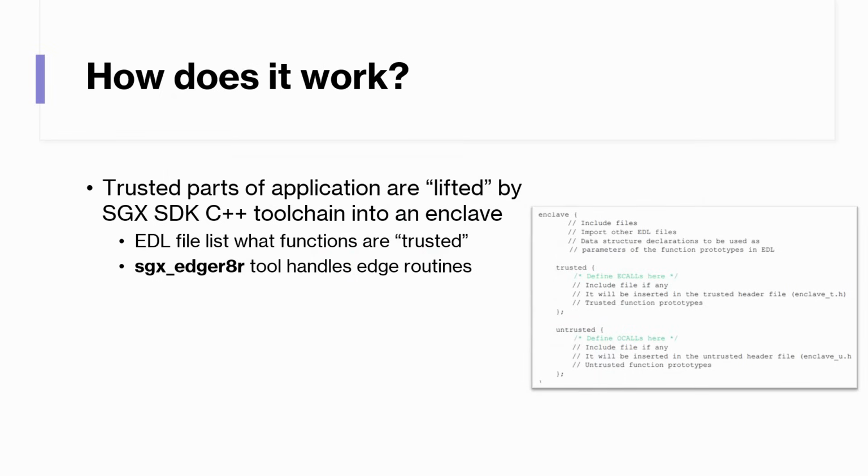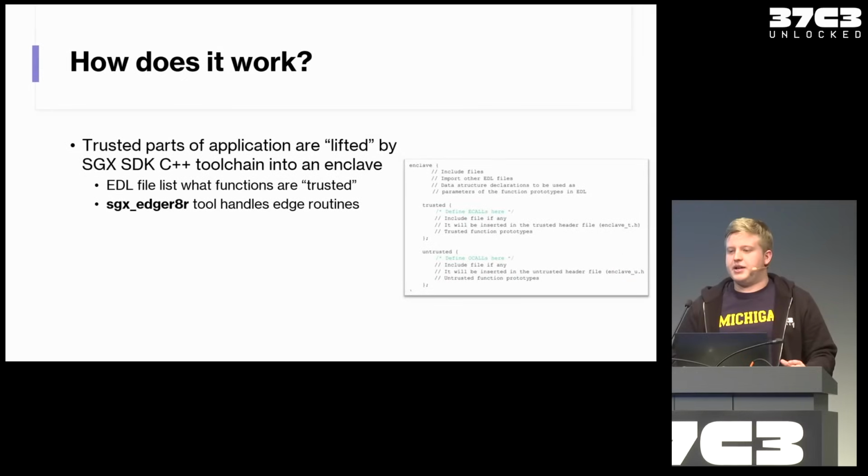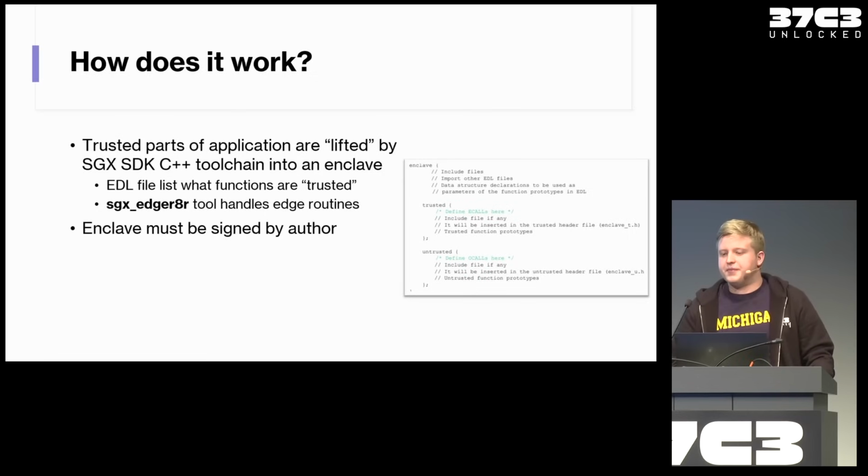Well, you write C++ code as normal, but you can mark the trusted parts of the enclave as being trusted and to be put into SGX. And the SGX-aware compiler toolchain will lift those functions out and put them in the enclave, and then do all the transparent edge routines and call gate functionality for you.